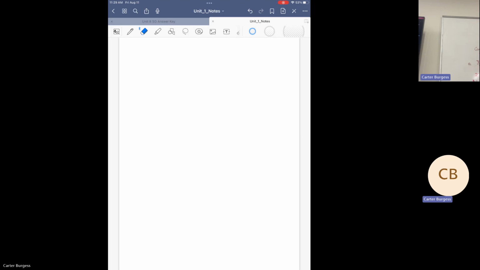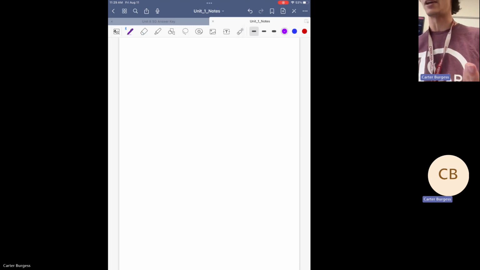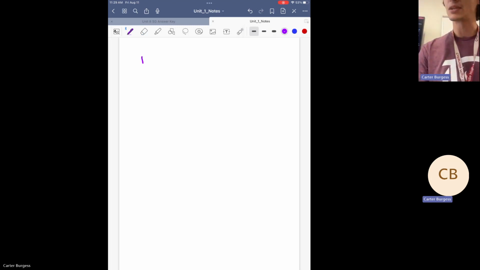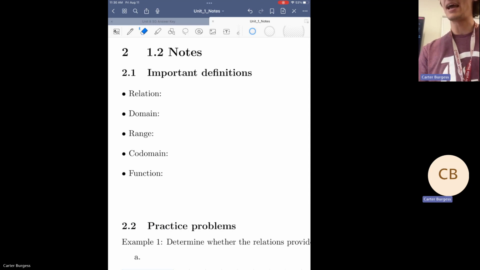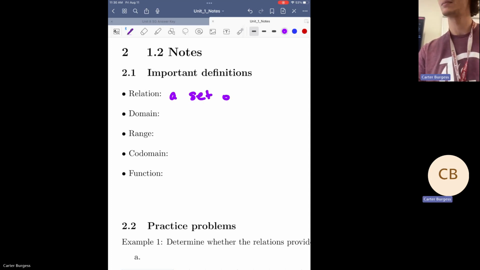Now, I don't quite know about this textbook, but I have seen textbooks that I've used for this course in the past refer to a relation in what I think is a fairly unsatisfactory way, where they might say something along the lines of, a relation is a set of ordered pairs.